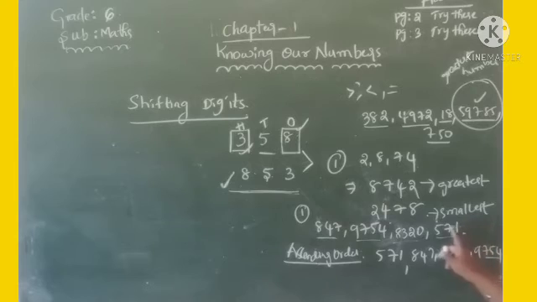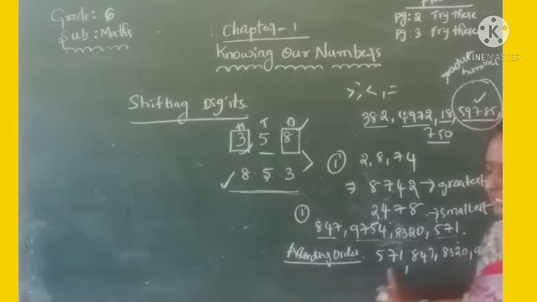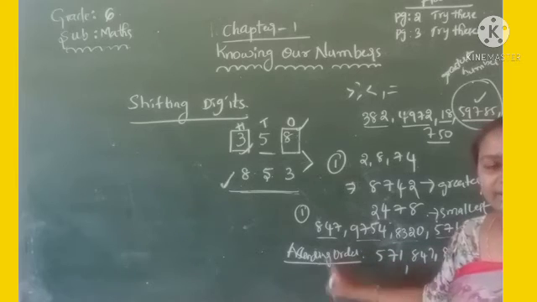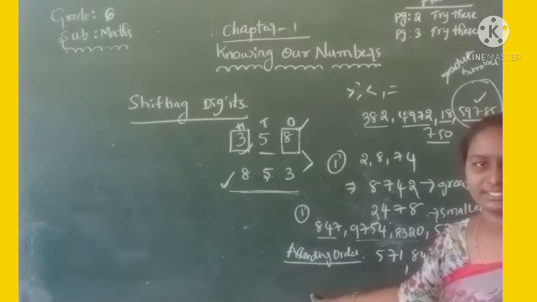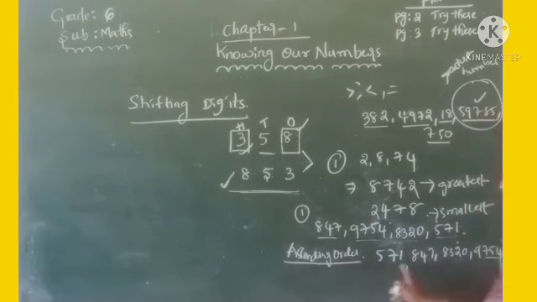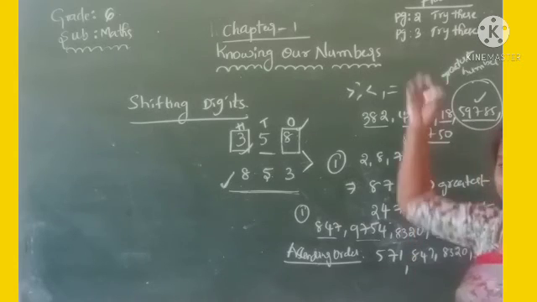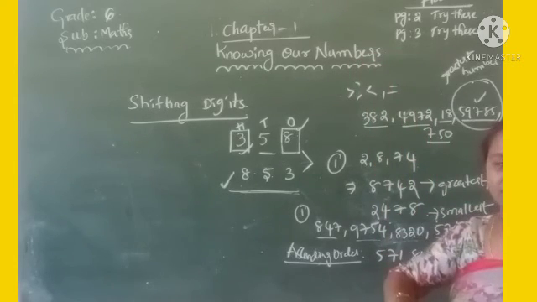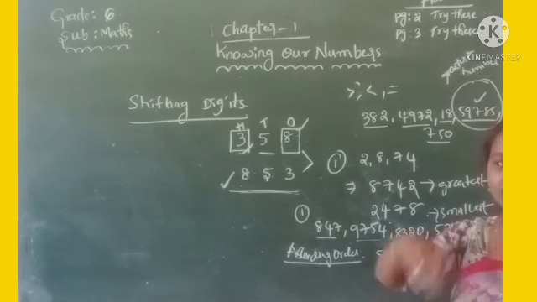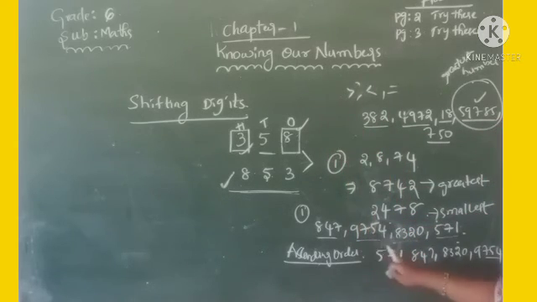Similarly, you can write this one in the descending order. If you write this one in the descending order, it means greatest to smallest. Okay? Don't forget. So descending means greatest to smallest. Ascending order means smallest to greatest. Okay. So descending order of these numbers, how to write? So reverse just.